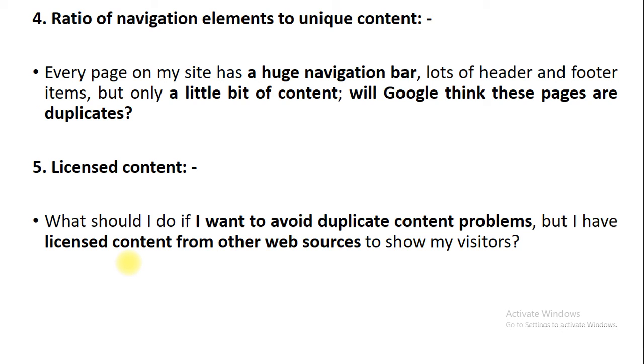Remember, if your website contains lots of pages and you have put in a huge navigation bar with lots of header and footer items, but only a little bit of content inside the content area, at that time also, will Google think these pages are duplicate content? So when you create a website with a huge navigation bar, you also need to focus on the content of your website.